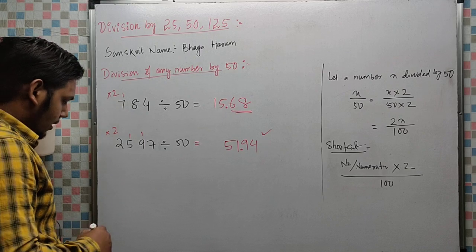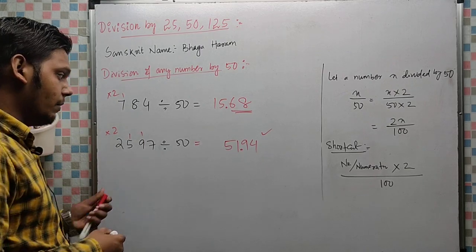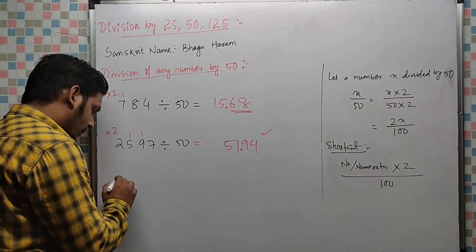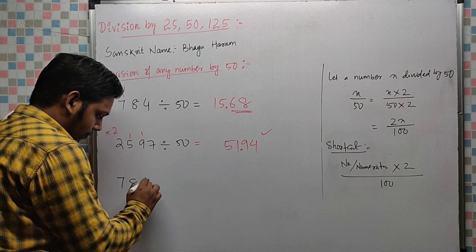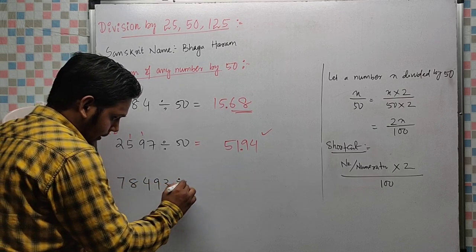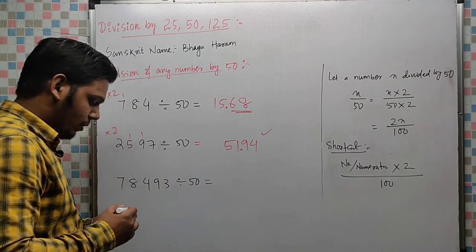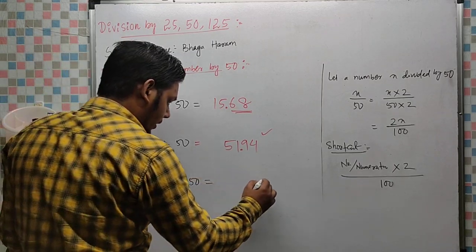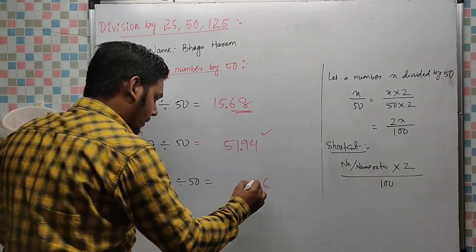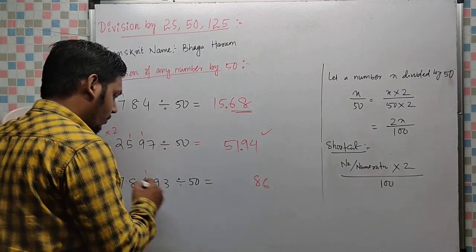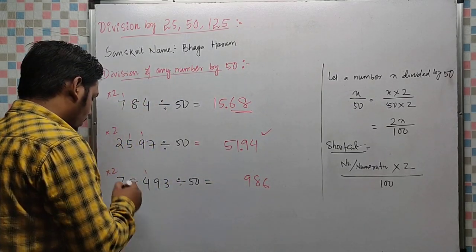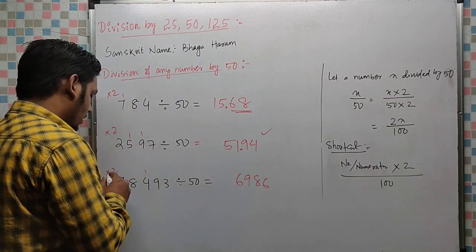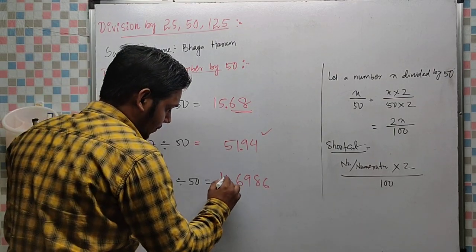Even if a 5 digit number is given, so suppose 78493 divided by 50. Same formula you have to use. You have to multiply 2 here. 2 3 6, 2 9 18 1, 2 4 8 1 9, 2 8 16, 2 7 41, 15.